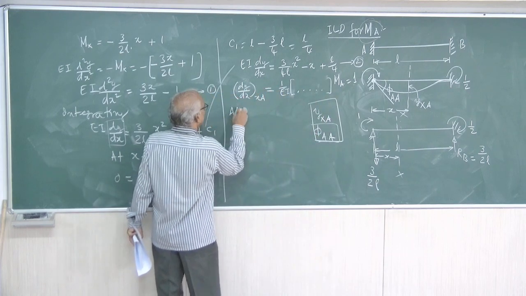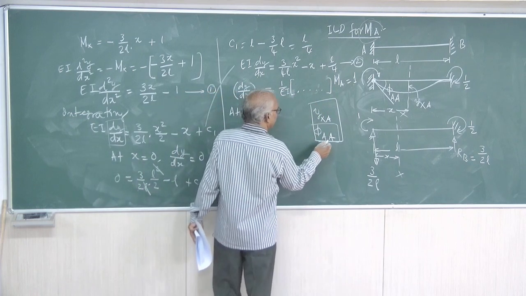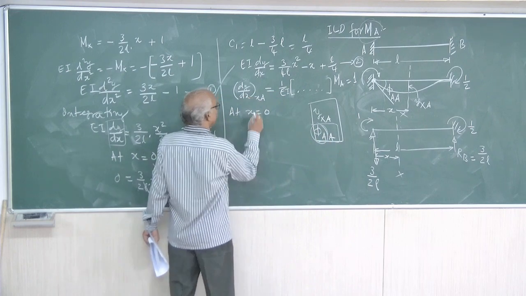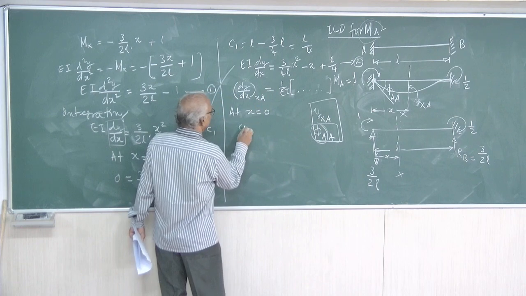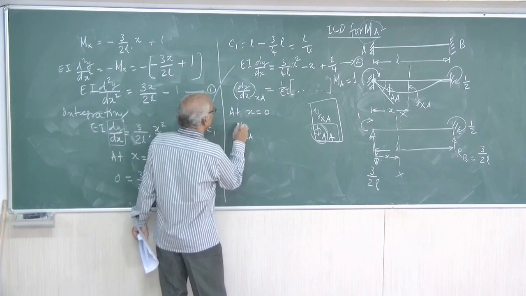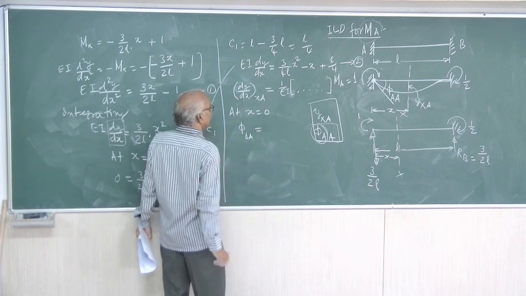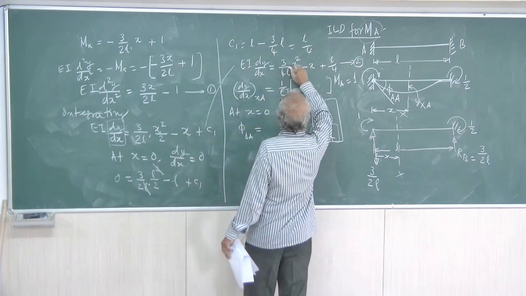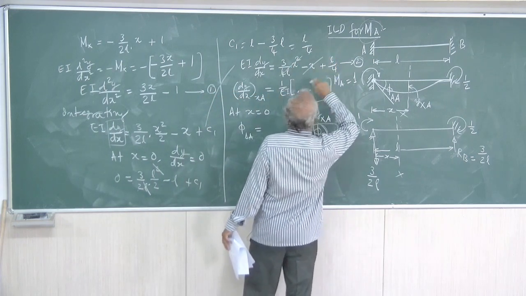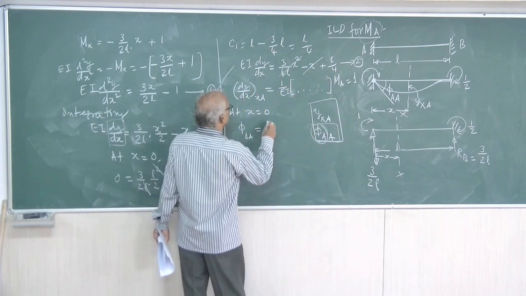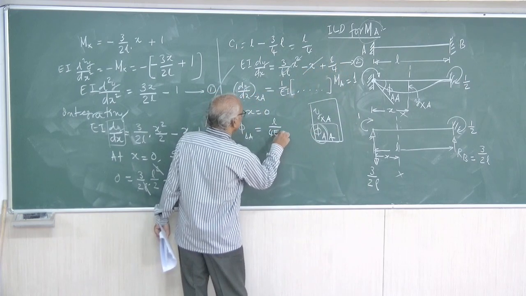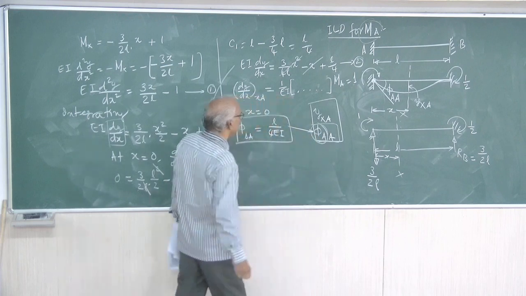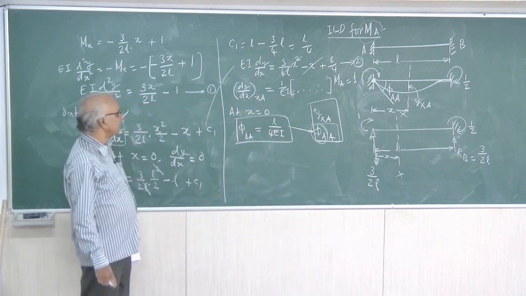At x equal to 0, because you want the value of phi at the point A, dy/dx at AA, x equal to 0, this term will get cancelled. You will have only L by 4, so it equals L by 4 EI in the denominator. So one step is over.